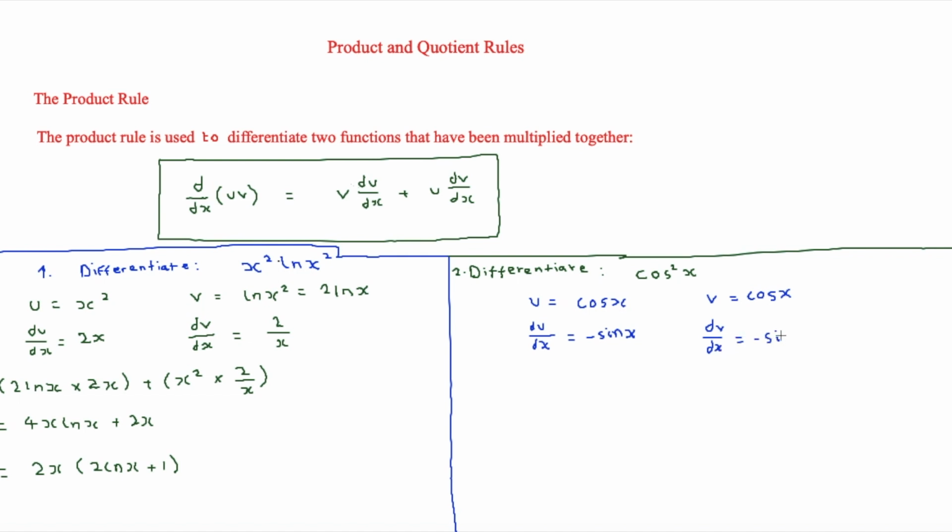Essentially, this means that it doesn't really matter what order we do, but it's good to follow it anyway for future examples. So then v times by du by dx, it's going to be minus sine x cos x, and then by doing u dv dx, we've got cos x times minus sine x, so it's going to be the same thing, minus sine x cos x.